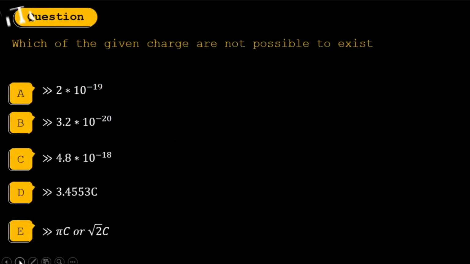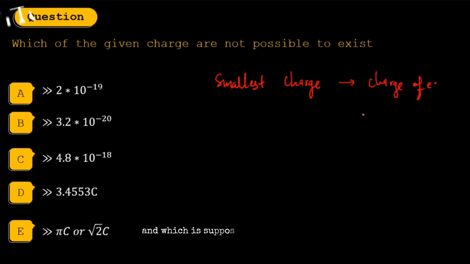So there is one question. Now just think about it and tell me which of the following given charges are not possible to exist. What can you think about it? Always remember, the smallest charge that ever exists is the charge of an electron, which is 1.6 times 10 to the power minus 19.